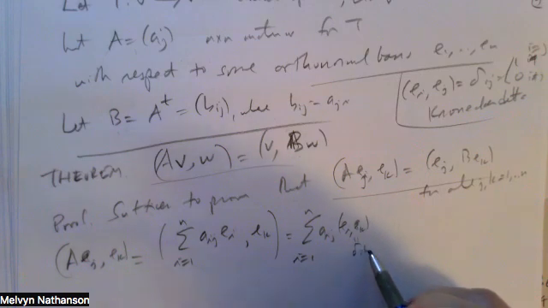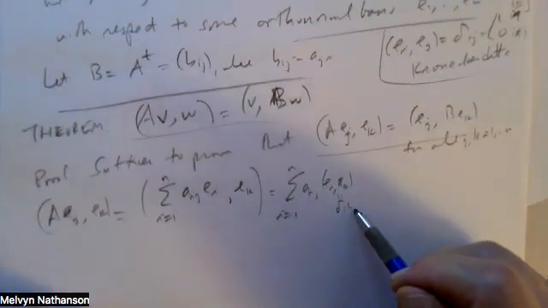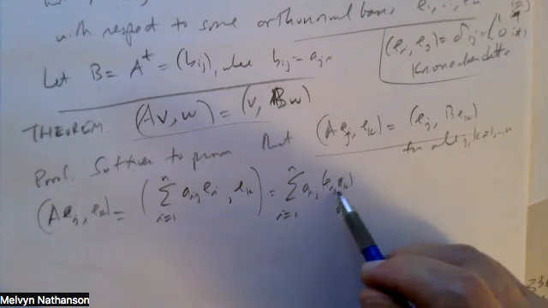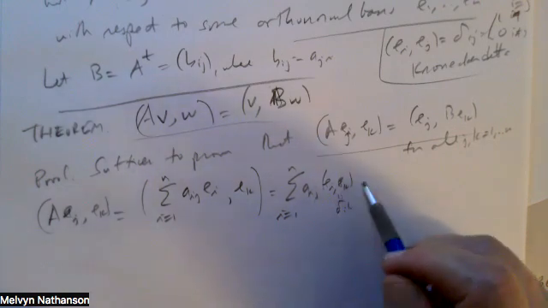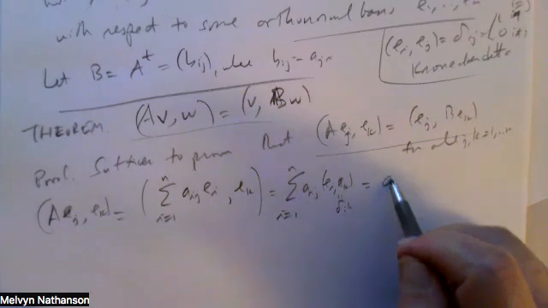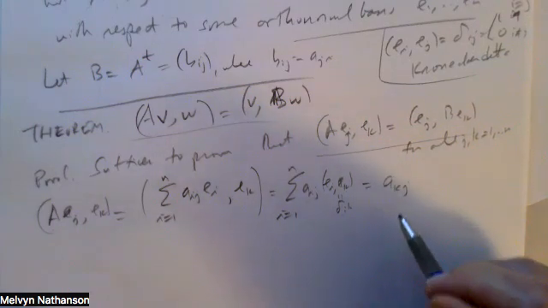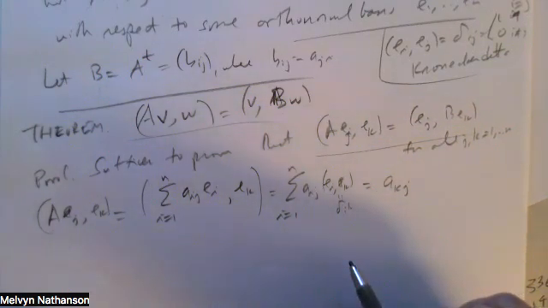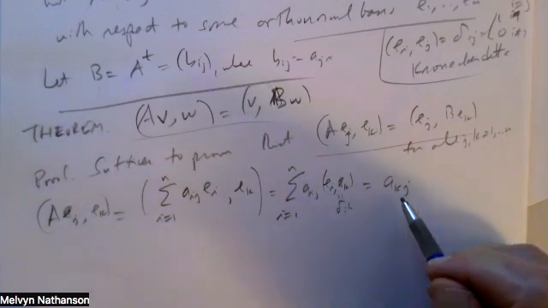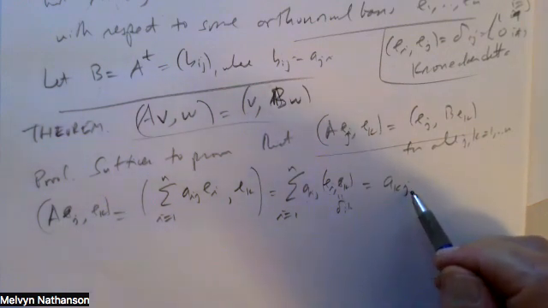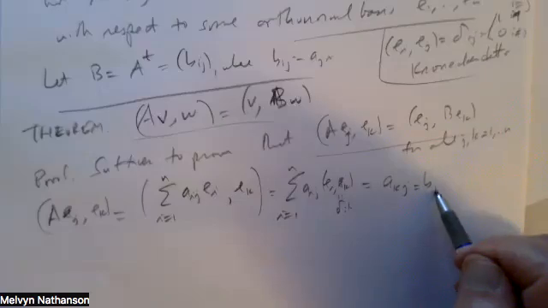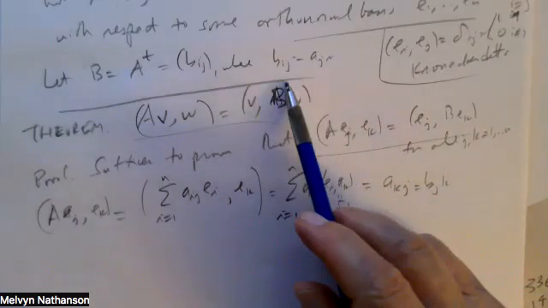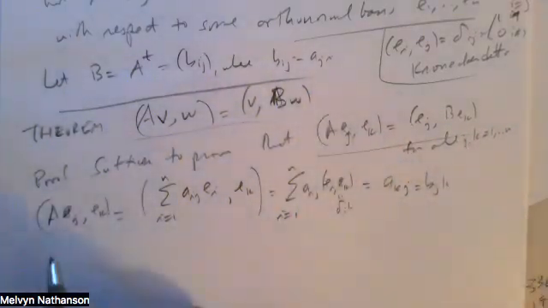This is delta IK. This is 0 unless I is equal to K. When I equals K, this is 1. So this is just, when I equals K, AKJ. AKJ is the same as BJK. B is the transpose of A.